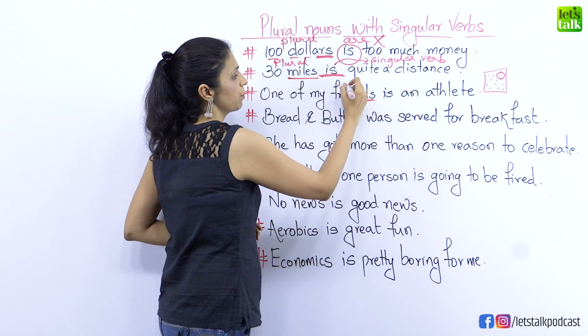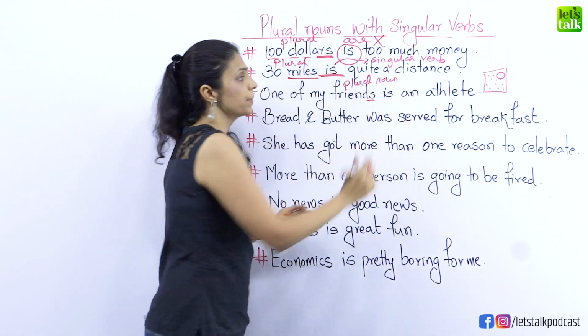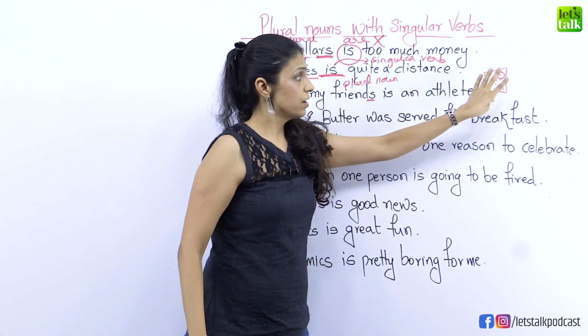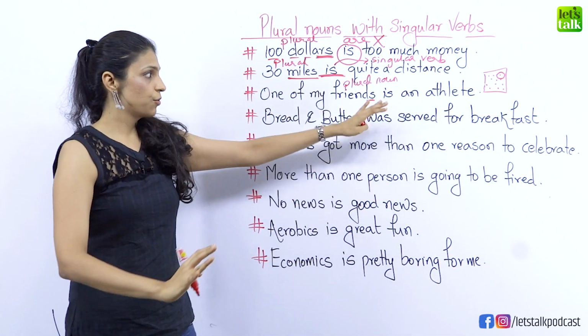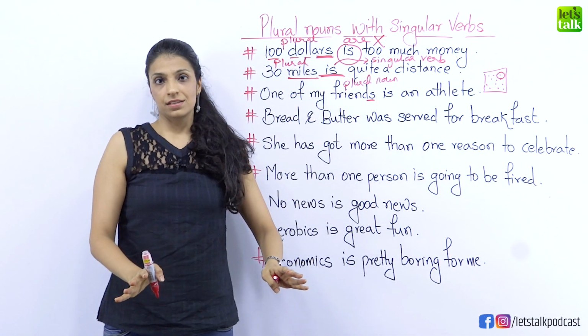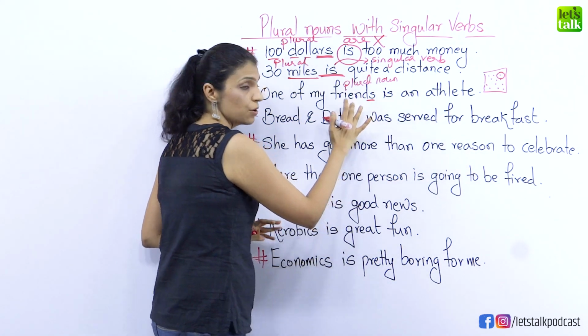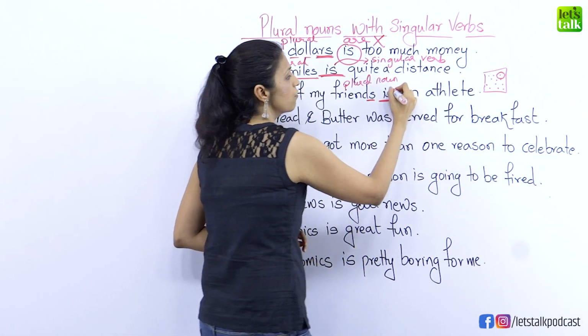So I've used a plural noun, because there are many dots, but I'm talking about one of many. So one of my many friends is an athlete. Now again, if you see, the plural noun is followed by a singular verb.